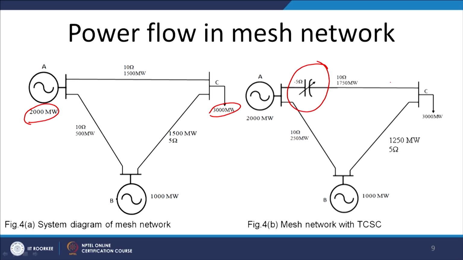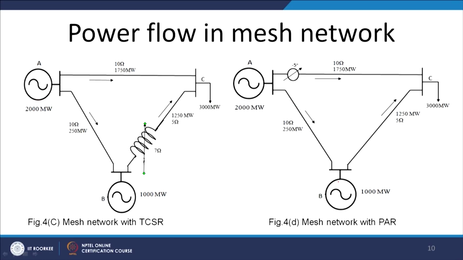Thus it will enhance the power carrying capability of the existing line, and it reaches another 250 megawatt of power. Thus only 250 megawatt of power is wheeled through the line AB, and the rest reaches through C. So the wheeled power cost decreases in this case while using FACTS devices.